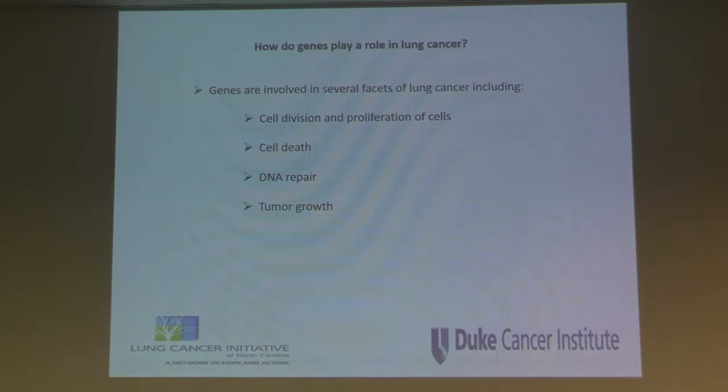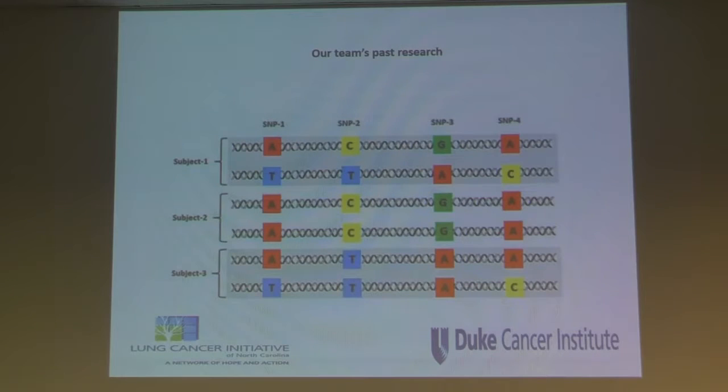And then of course it can also play a big role in the growth of tumors and their malignancies as well. And so I want to talk a little bit about our team's previous research that has led to what we're doing now.